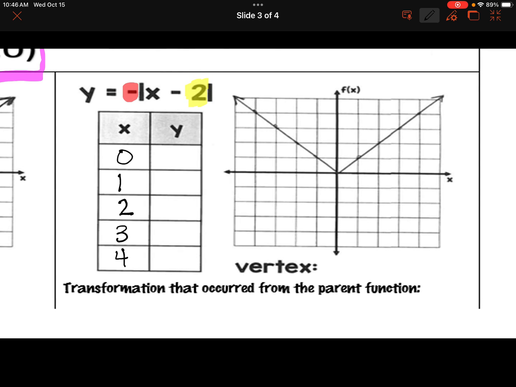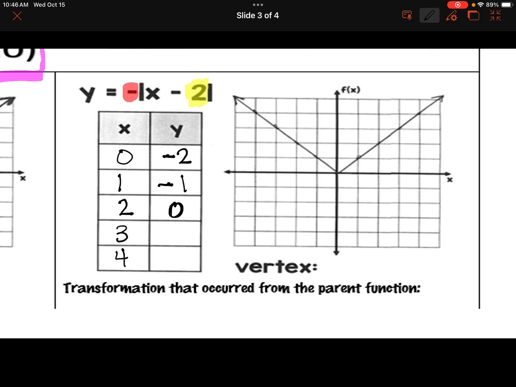So 0 minus 2 is -2. The absolute value of -2 is 2. -1 times 2 is -2. 1 minus 2 is -1. The absolute value of -1 is 1. -1 times 1 is -1. 2 minus 2 is 0. -1 times 0 is 0. 3 minus 2 is 1.